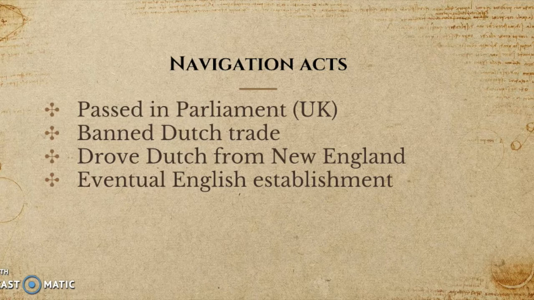So eventually, of course, the colonies stopped trading with the Dutch, and this made it harder for the Dutch to retain their place as the world leaders of trade. Eventually, the British became the leaders of the world, and they were in charge of trade everywhere from America to India, all over the world.